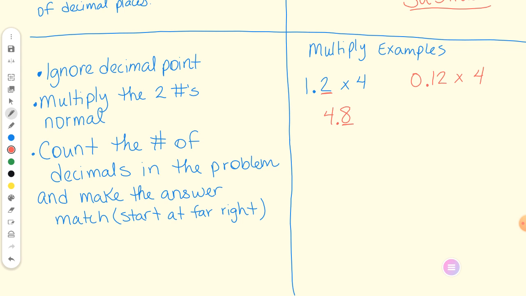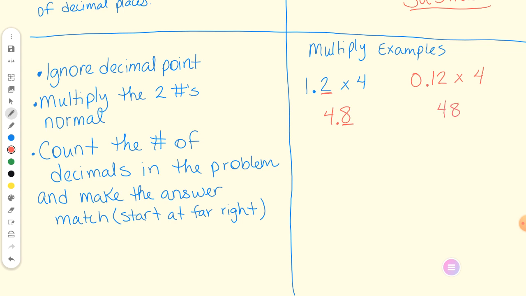Come on, Finley, catch up, please. Ignore the decimal points. Sophia, what math problem do you see if I ignore the decimal point? 12 times 4. What's 12 times 4, Soph? 48. So I still have the same math problem to start.